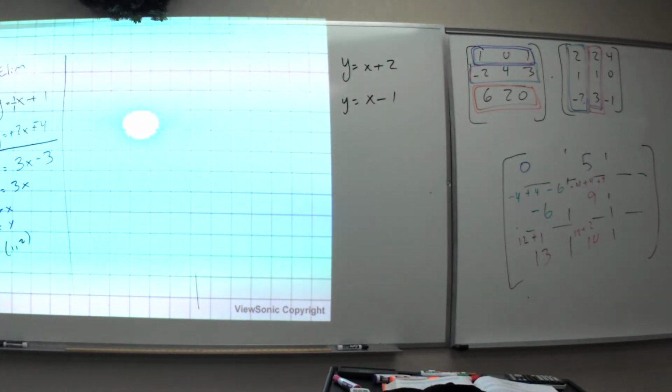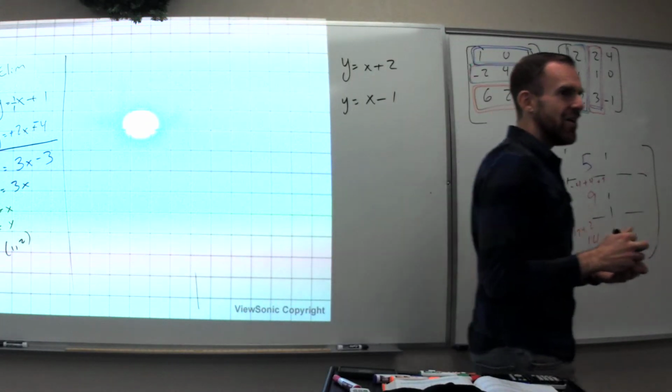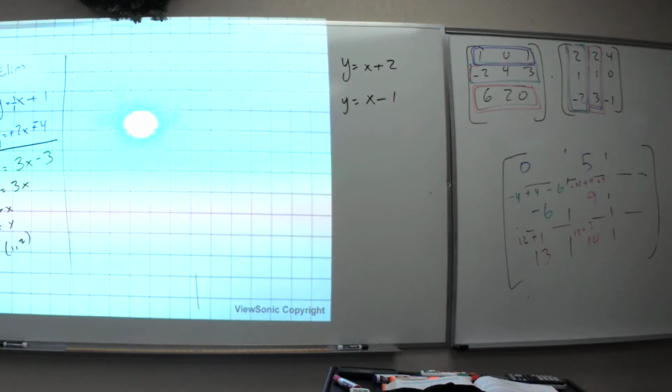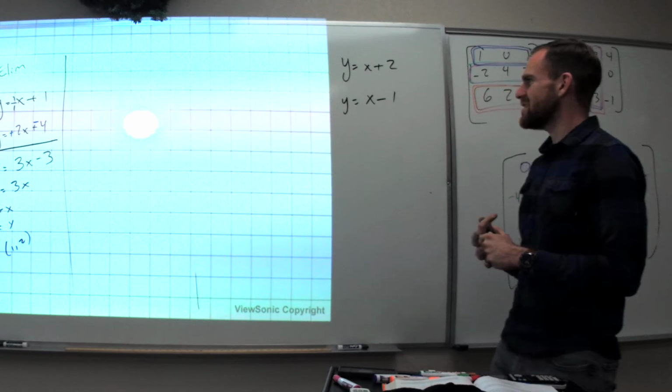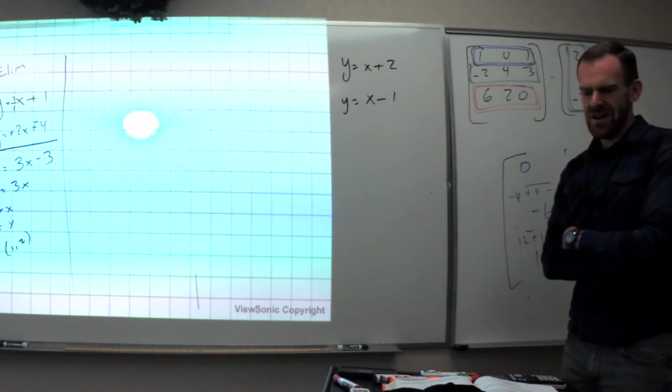This section here, you will solve by elimination. Go. This section here, Daniel and Daniel, you must solve by graphing. Good luck. And this section, Riley, Kira, and Sierra, you must solve by substitution. Go. Solve this equation. Y equals x plus 2 and y equals x minus 1.